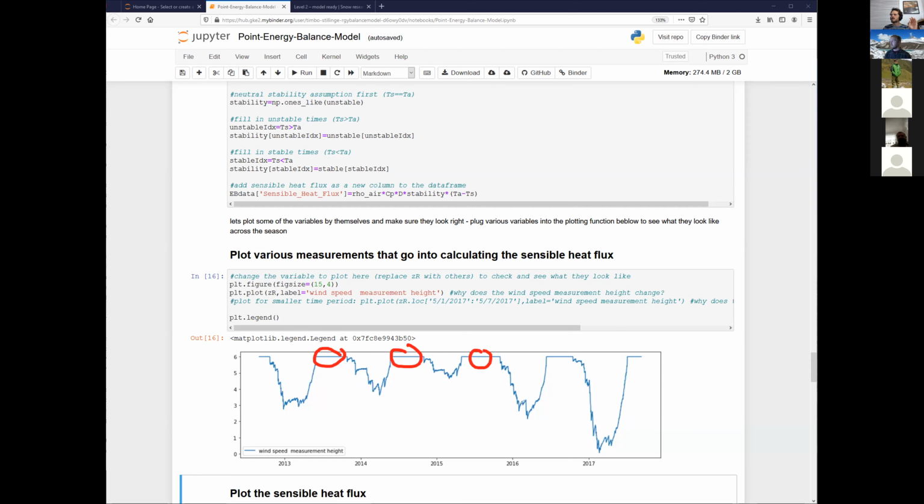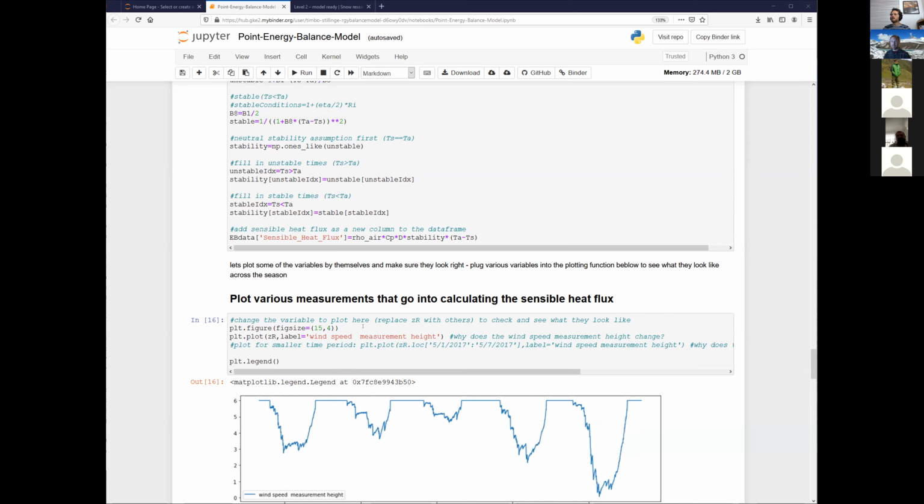But during the snow season, the wind speed measurement height decreases because the snow depth increases. So we really want to track the difference between our measurement height and the snow height. That's really important too, because it really affects our results.